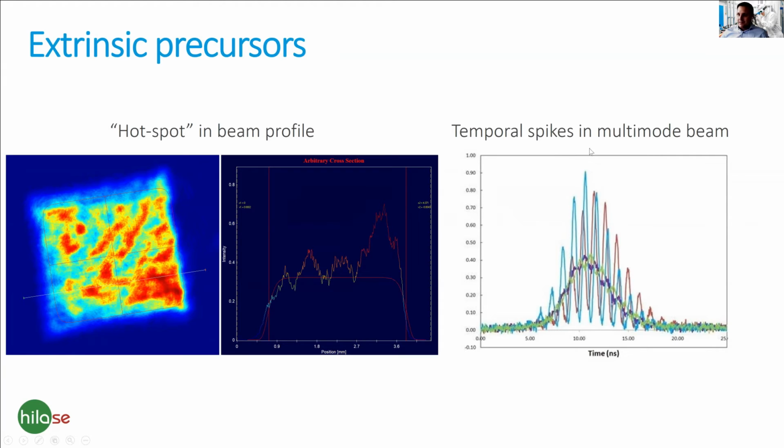The other, which was also mentioned previously, is whether you are using a multi-mode or single mode laser, because in the multi-mode regime, although the total length of the pulse is the whole envelope, in effect, what is happening is that the modes are exhibiting something which is called mode beating, which eventually leads to these temporal spikes of the intensity during the whole pulse.